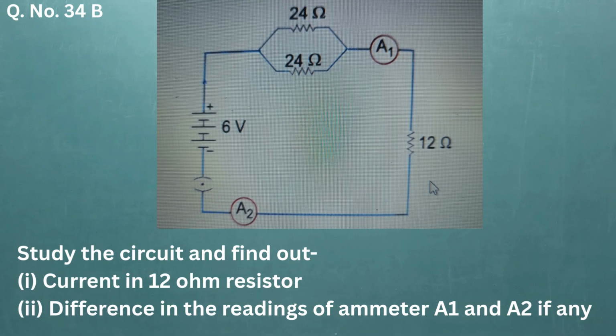The circuit is a 6 volt battery connected with two 20 ohm resistors in parallel, and then connected in series to ammeter A1, which is further connected with a 12 ohm resistor to ammeter A2 in series, and then a key and then back to the 6 volt battery.